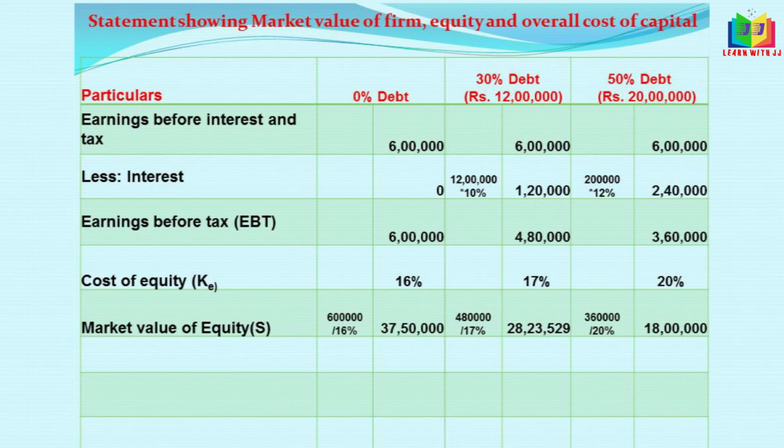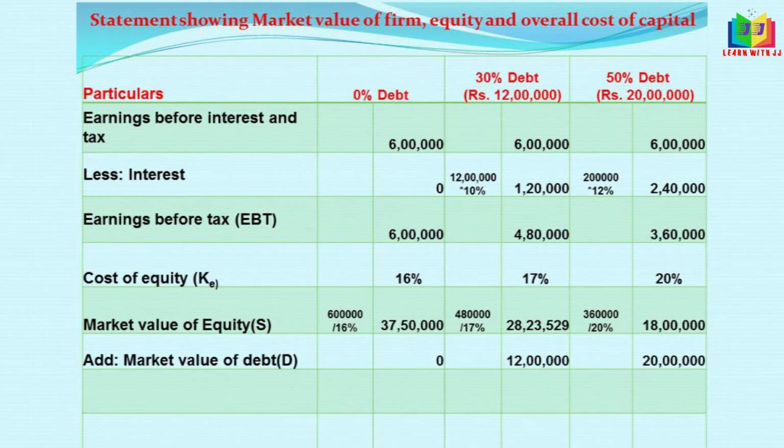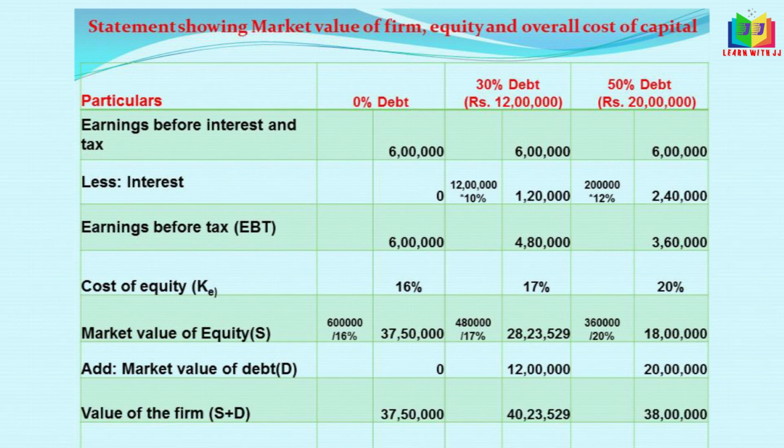So our next step is we have to add the value of debt. For the first category, debt is 0. For the second, it is 12 lakh. And for the third, it is 20 lakh. So we have to add this: S plus D. The next step is value of the firm, S plus D. For the first one, it is 37,50,000 plus 0, we'll get the same 37,50,000.